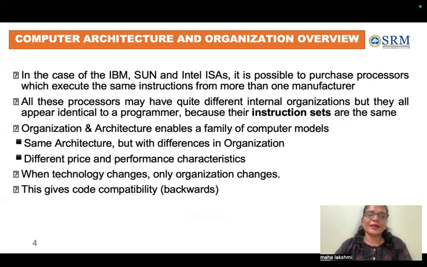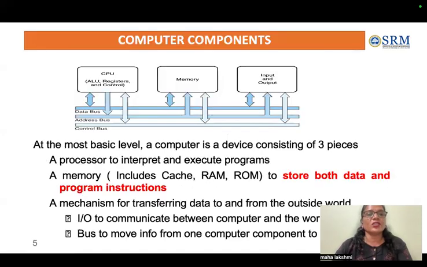Organization and architecture enable a family of computer models, with the same architecture but differences in organization and differences in price and performance characteristics. When technology changes, only organization changes, but not architecture. This gives code compatibility. So organization and architecture is an important component and it also has advantages.